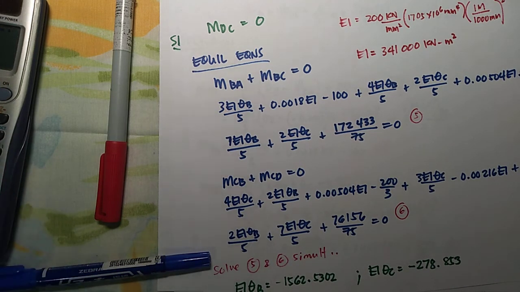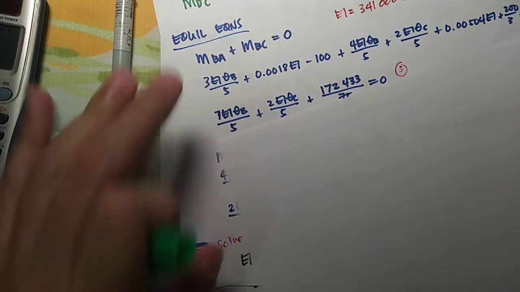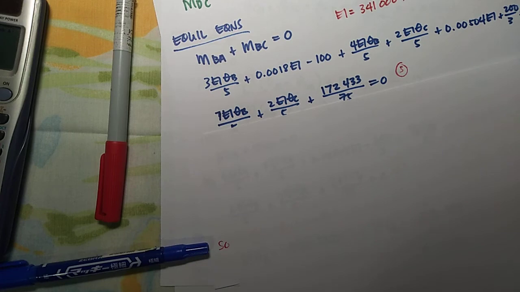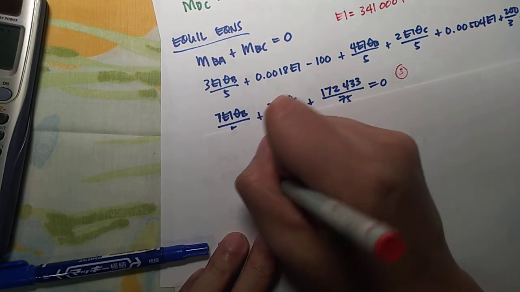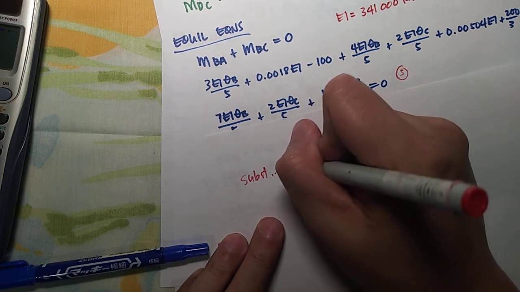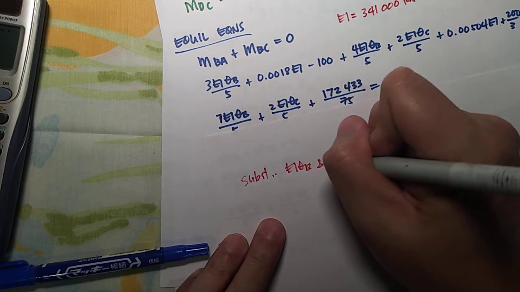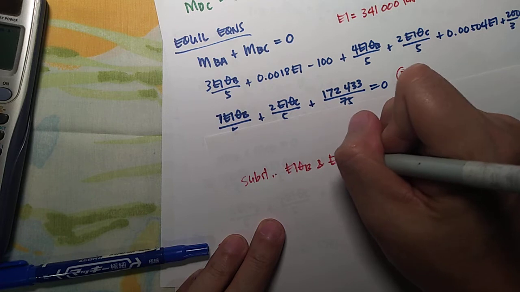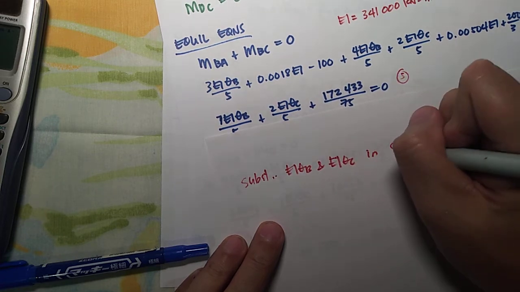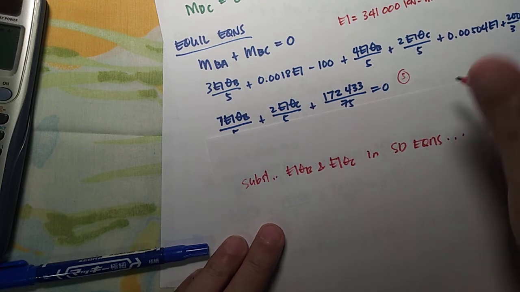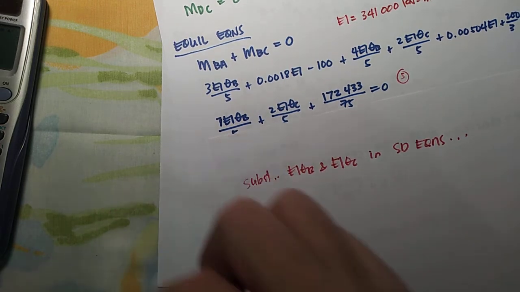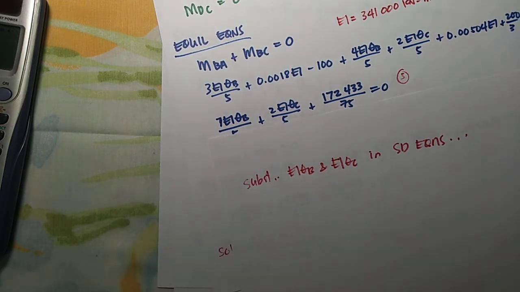So, with that, substituting values of EI theta B and value of EI theta C in the slope deflection equations. Okay? So, kaya mo ma-solve naman na dyan yung mga moments.